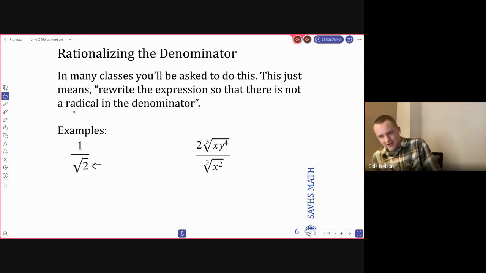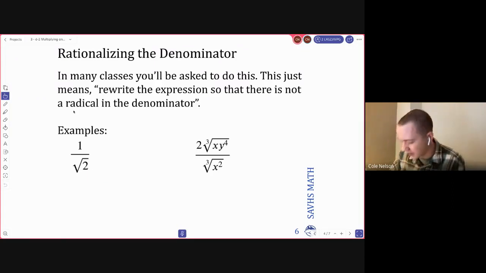That means that I have to create something so that there isn't a radical there anymore. And so the strategy we have to use is, okay, well, I have 2 there inside this radical. I'm looking for something that has an exponent that's a 2. So I'm going to multiply by something that gives me an exponent that's 2.